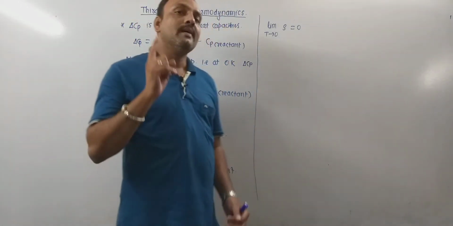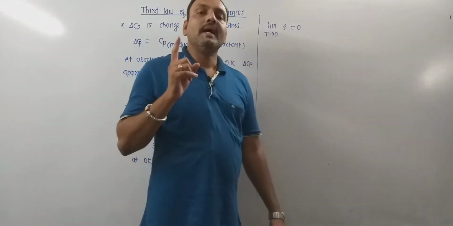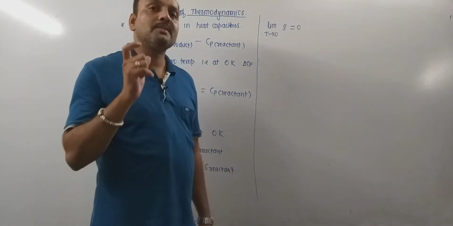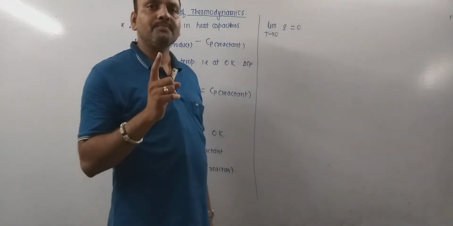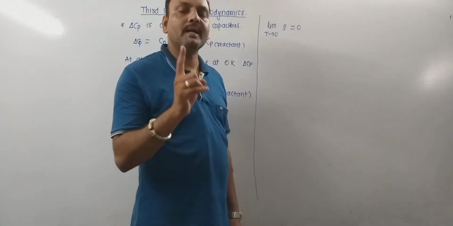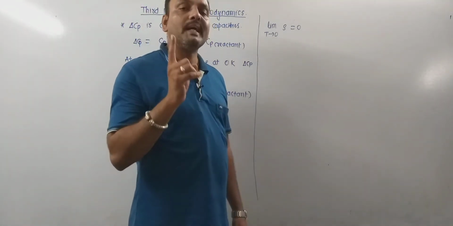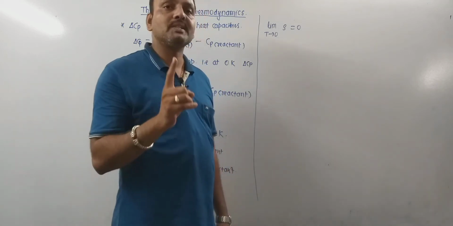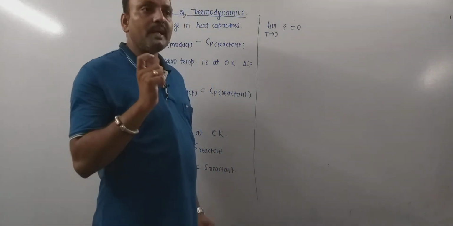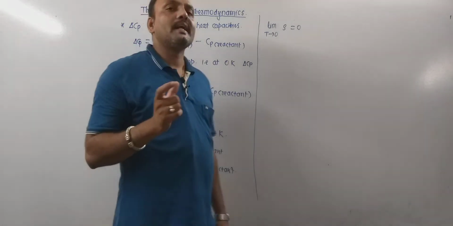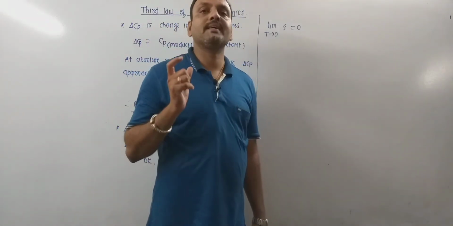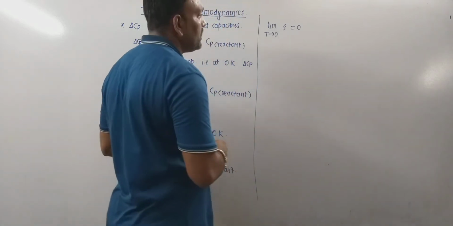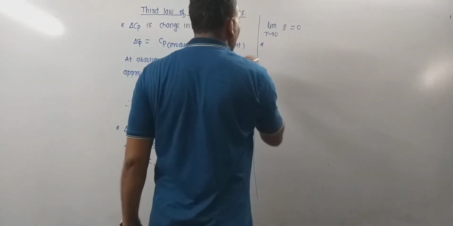Again I repeat, at 0 Kelvin, the entropy of any substance may become equal to 0, but it does become equal to 0 in case of a perfectly crystalline solid. So in one word, one can say that at absolute 0 temperature, the entropy of a perfect crystal is 0. This is nothing but the third law of thermodynamics.